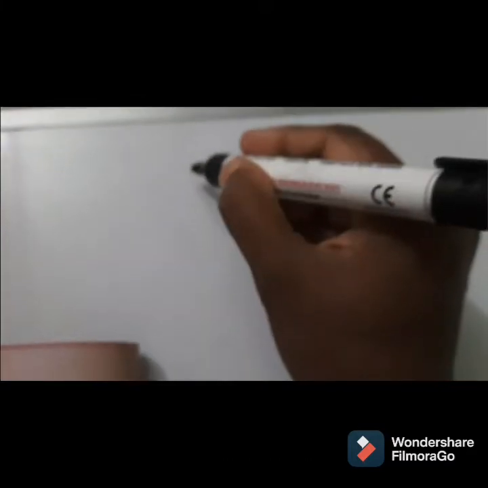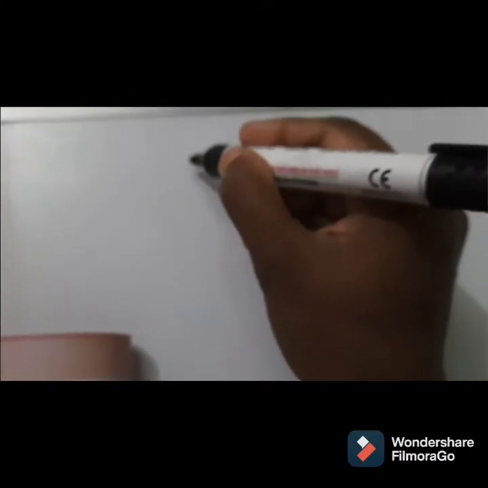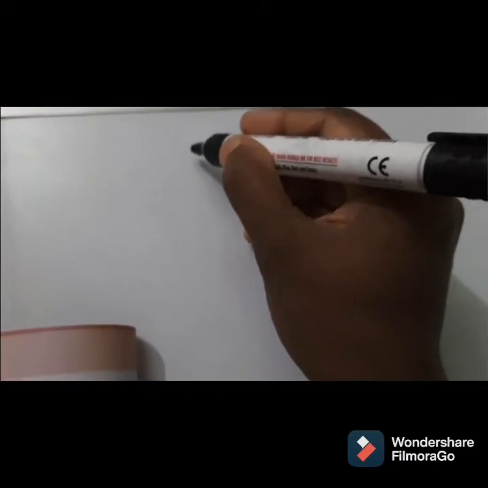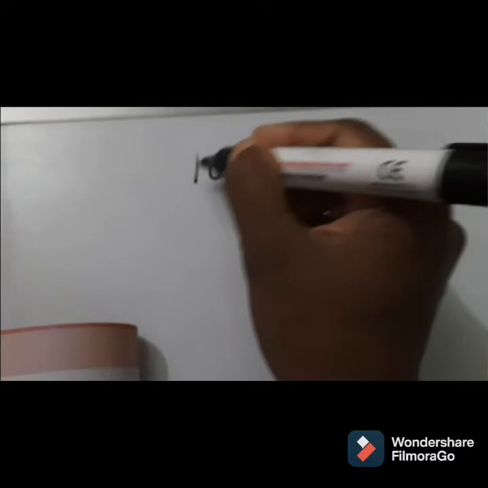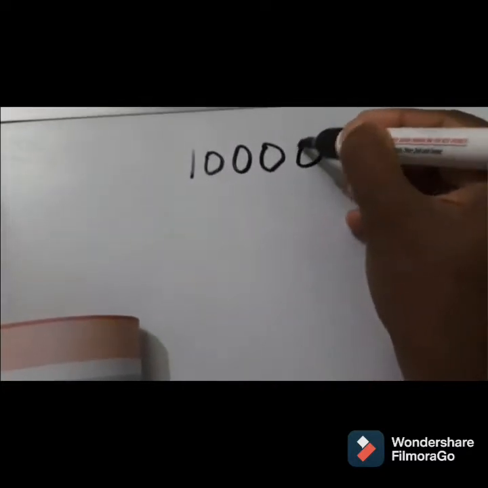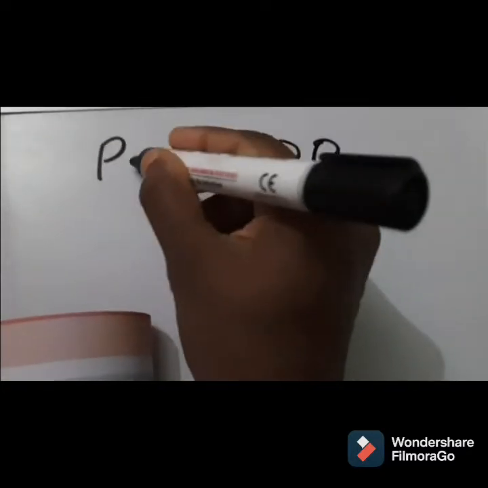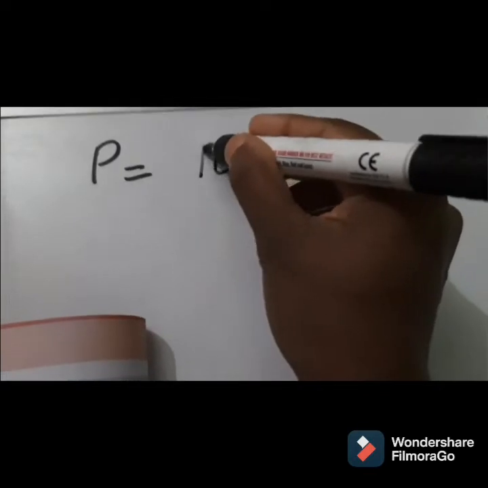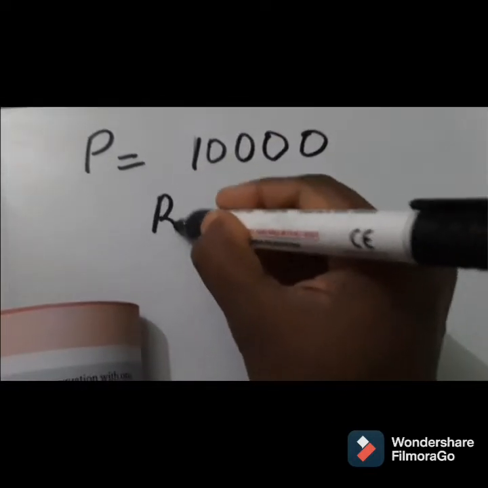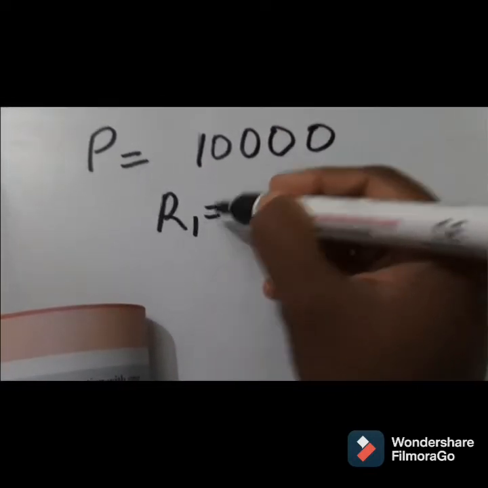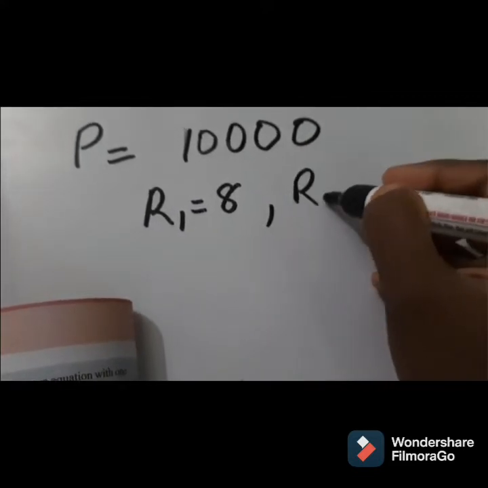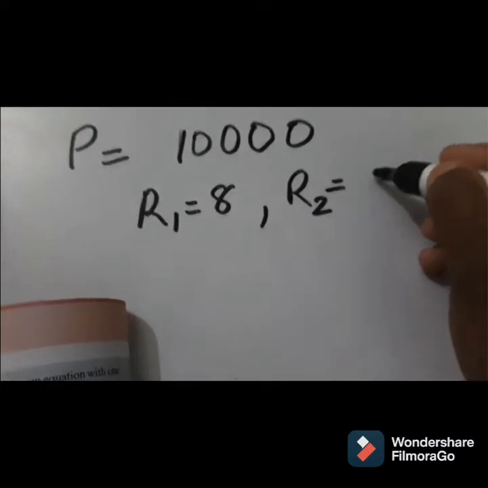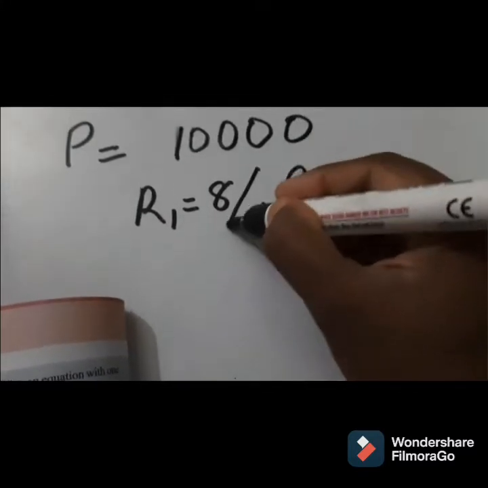First we can write that one. That is, there is 10,000 rupees total principal. Principal is 10,000. Then one rate of interest is 8%, another one 9%.